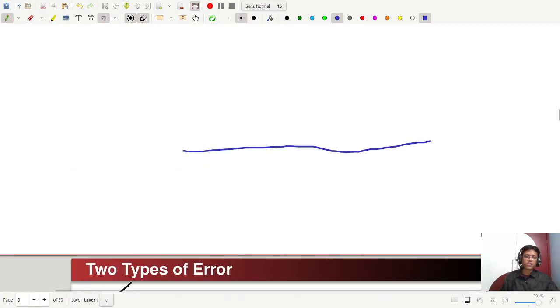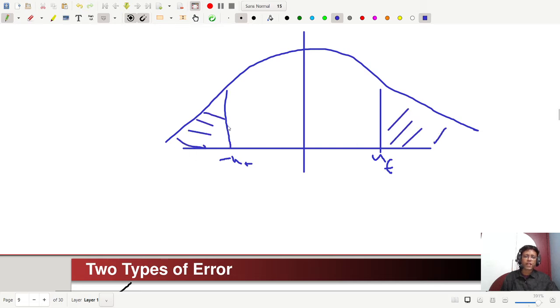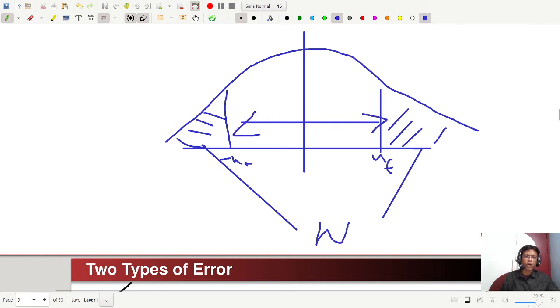If I draw the diagram, a standard normal distribution, suppose on both sides you have W, minus U epsilon and U epsilon, so you have a both-tail test. Both of these constitute W, and this portion is your Rn minus W.